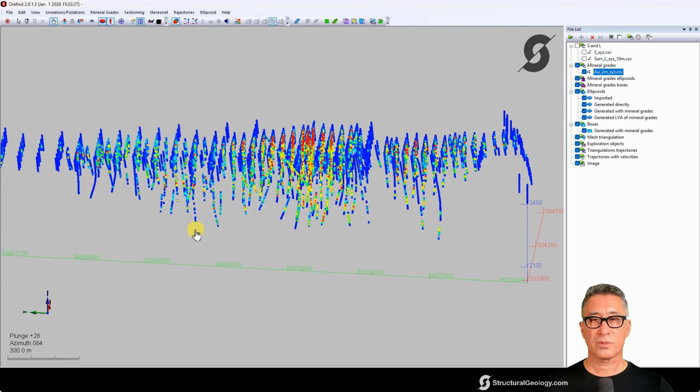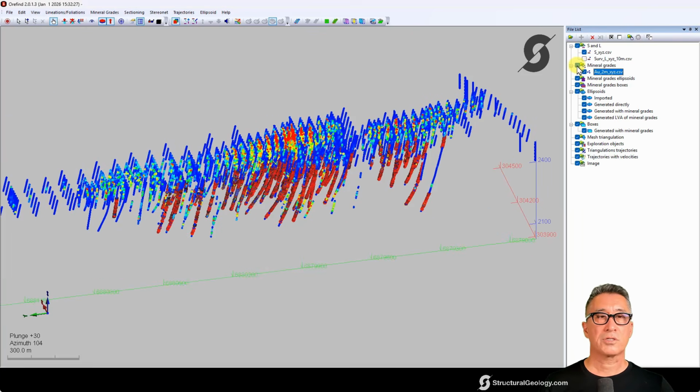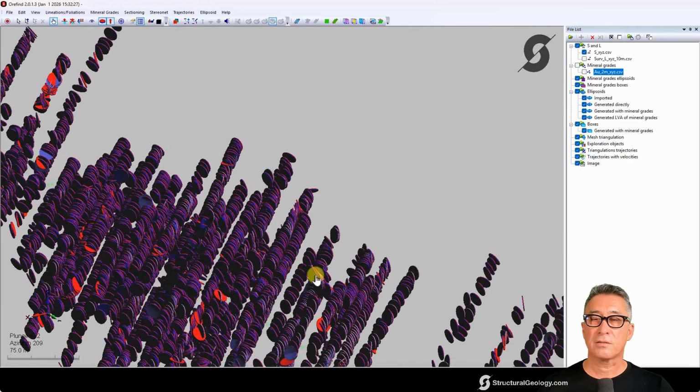In this case, we are dealing with foliated rock. These are strained rocks, and there's a pervasive foliation right through this mineralized host.